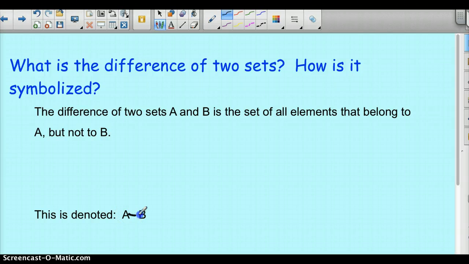A minus B is what we're talking about. And we'll give you some examples to help you to understand this.